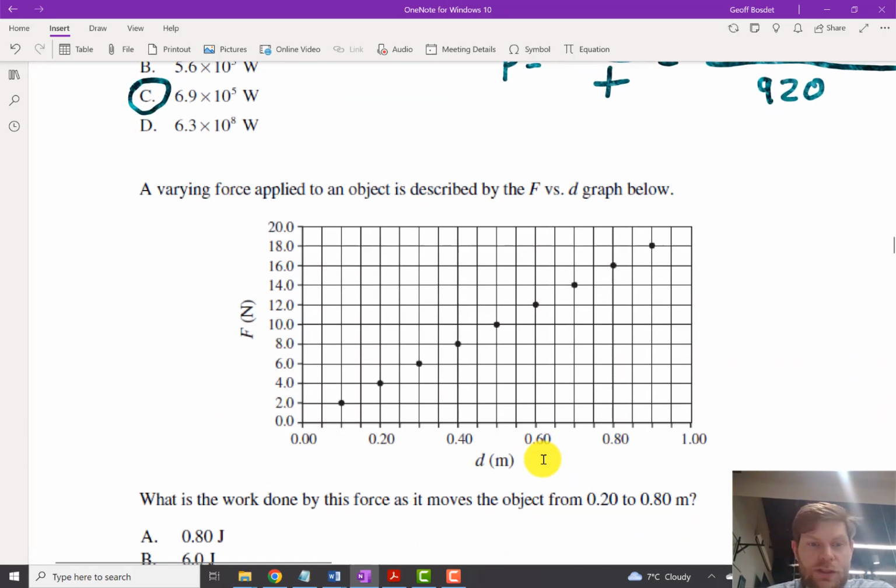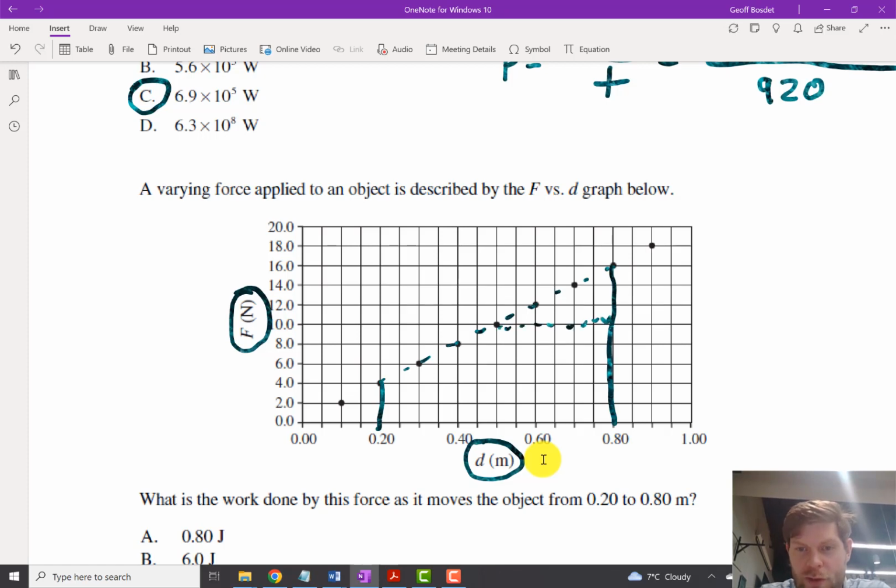Next guy, we got a force distance graph again. Remember, if our y value times our x value is something useful, area under the graph is what we're looking for. And we want to find the area under the graph between here and here. We got kind of this funny shape again, sort of like a rectangle underneath and a triangle. So again, what I'm going to try and do is just find the average force, because that's effectively like taking this chunk here, shoving it right there.